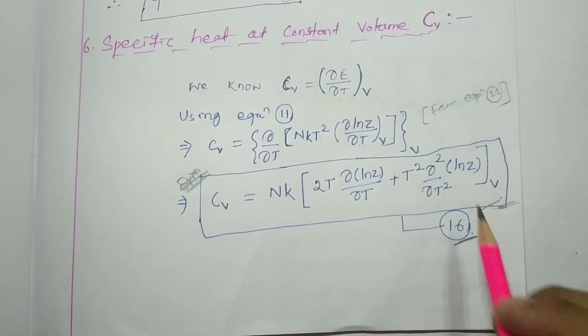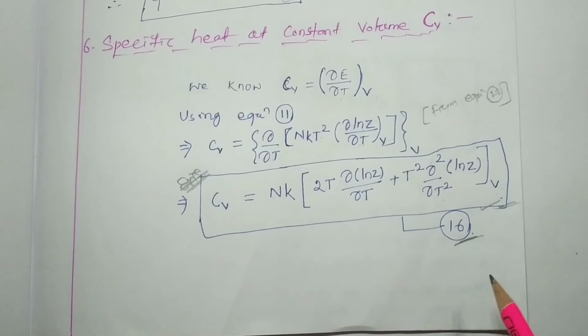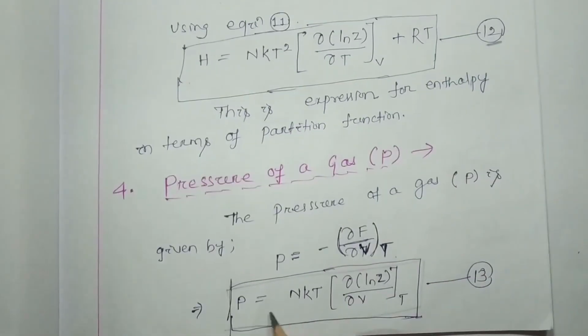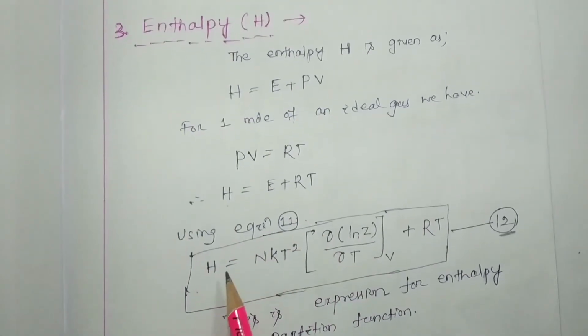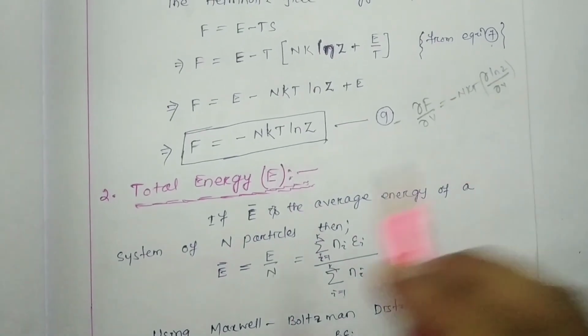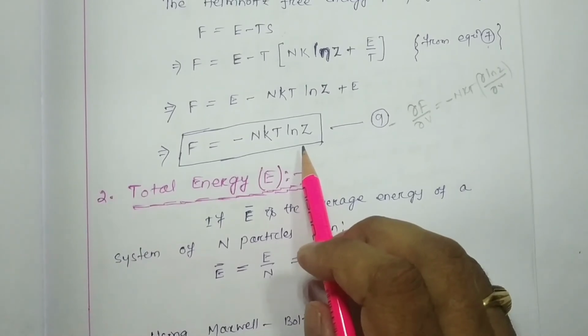So these expressions whatever we have derived: Cv, Gibbs potential G, pressure, enthalpy, total energy, and Helmholtz free energy.